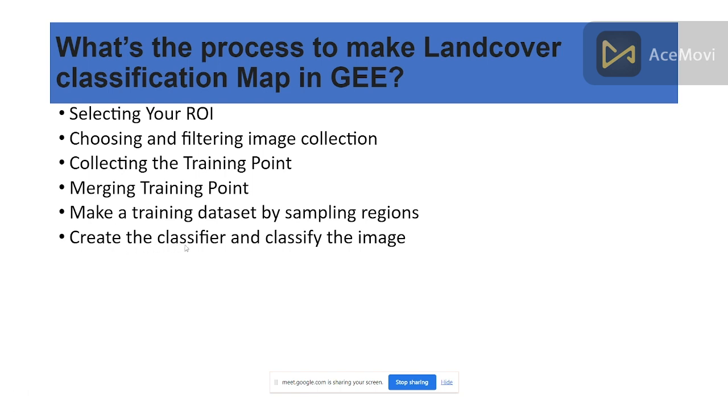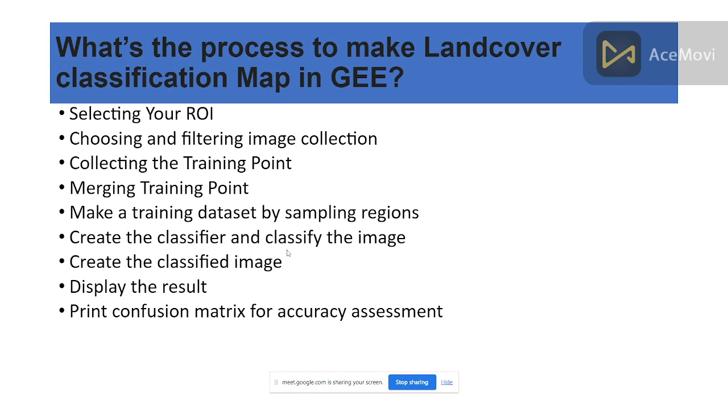We need to create the algorithm and then classify the image, because we have already created the data set. After making the training data set, we train it using the classifier, classify the image and display the classified image result, and then also print the confusion matrix for accuracy assessment, and then calculate the area for each class.